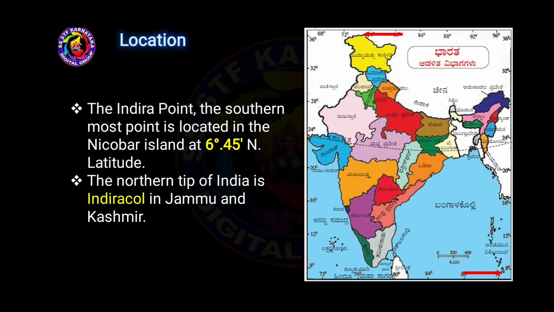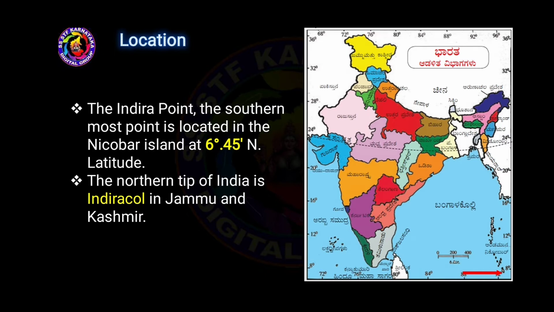The arrow mark shows Indira Col, the northernmost tip of India. Students, which is the southernmost tip of India? Indira Point, which is located near Nicobar, is the southernmost tip of India.